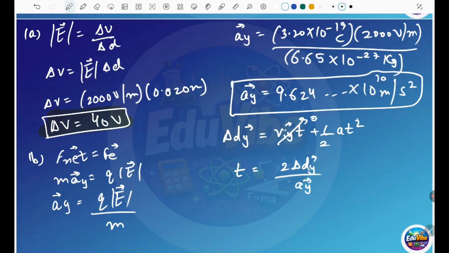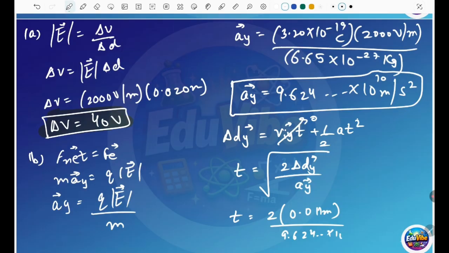You all know these are the kinematic equations we do, an easy thing. So dy we know is 0.011 meters divided by 9.624 × 10^10 meters per second squared, that is the acceleration.